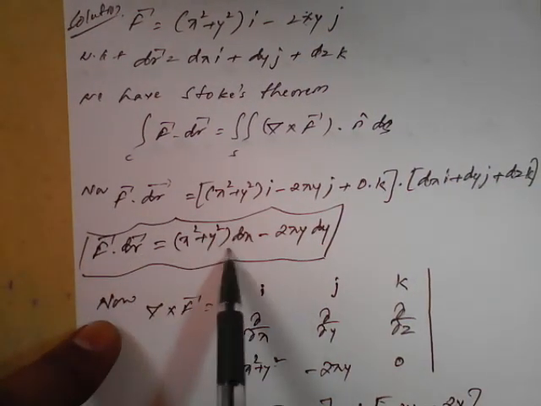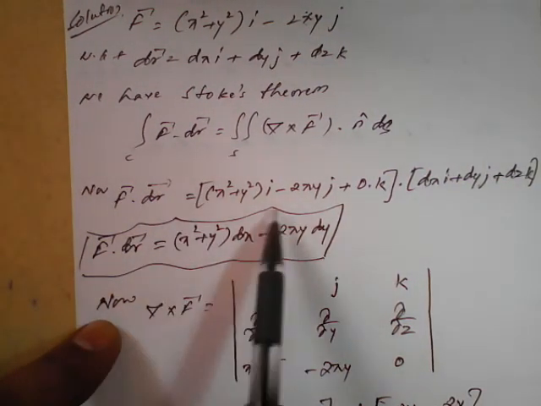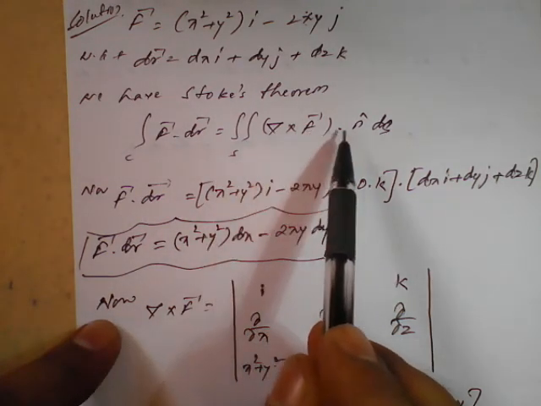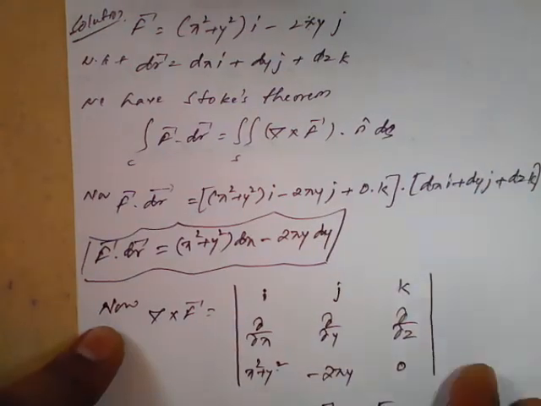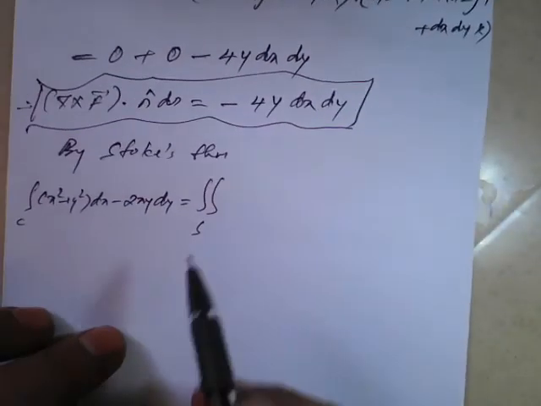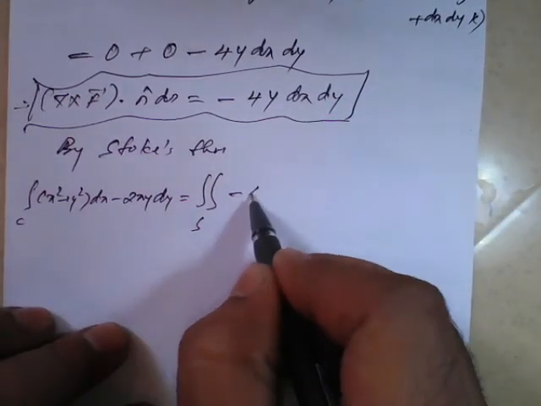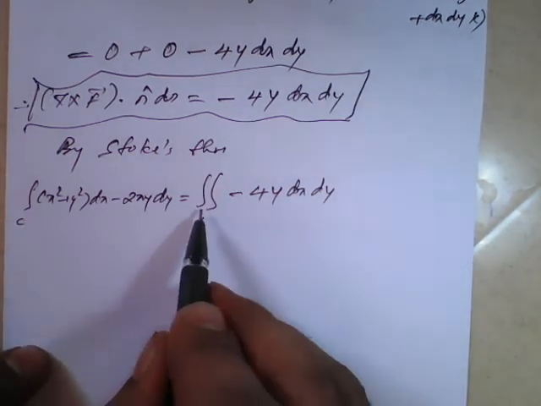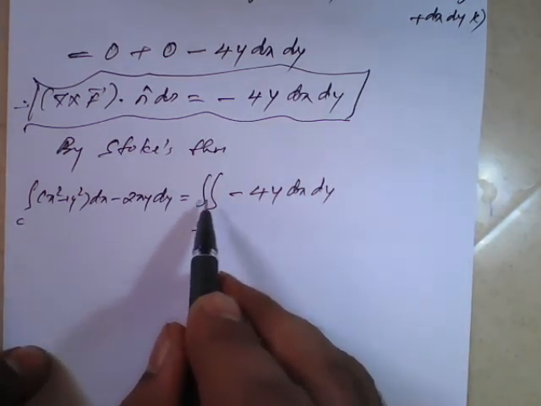The right hand side is del cross vector f dot n cap ds, which we have also calculated now, which is minus 4y dx dy. Now we'll apply the limits for this integration.